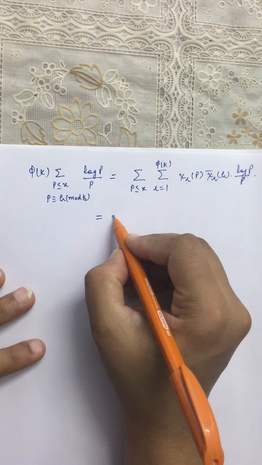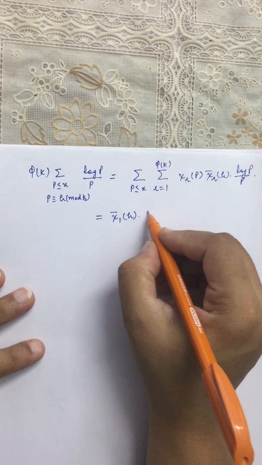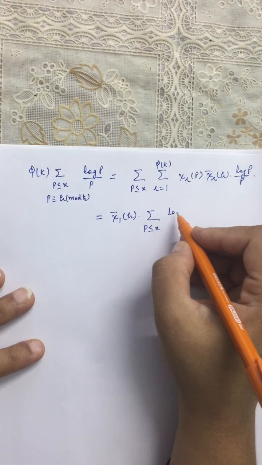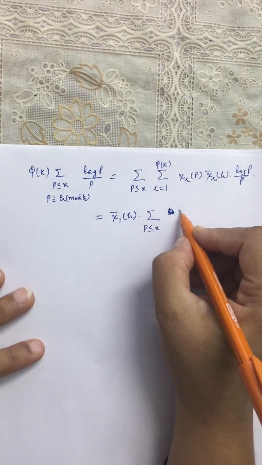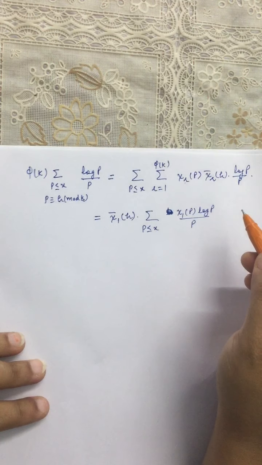So we can write here chi 1 bar at h, summation p less than equals to x, chi 1 p log p upon p. So actually this is 1, but we have not written that it is equal to 1. We have taken this term outside because it is independent of p and these are dependent on p, so we have taken these inside the summation.